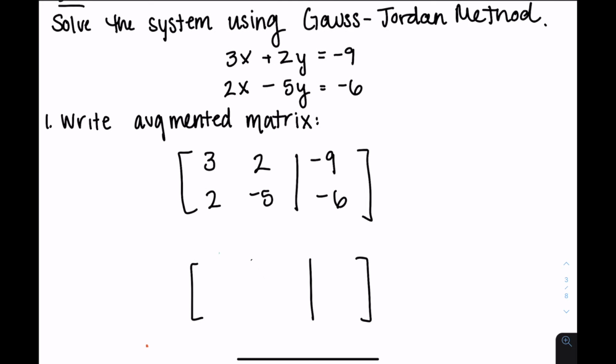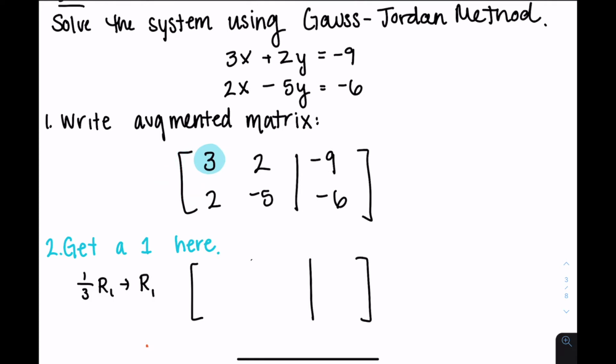So the process I want to follow is I need to get it in diagonal form. I want to turn this into a 1. So you got to get a 1 here. You might have to divide that row by a number. Maybe you can just switch 2 rows. Whatever you can do to get a 1 in this position. In this case, I can't interchange these two because neither of them are 1.